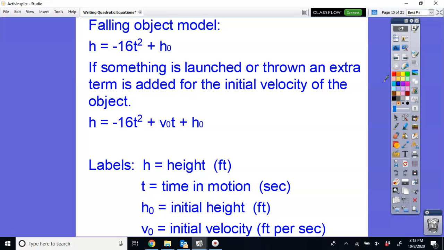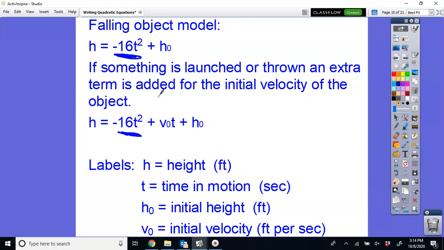One of those that shows up in a physics context is something like particle motion, or when you're talking about launching something or throwing something, like I talked about a little bit earlier, the shot put example. You typically have the main part of the equation given to you. This negative 16t squared is how gravity is affecting the object's height over time in seconds.